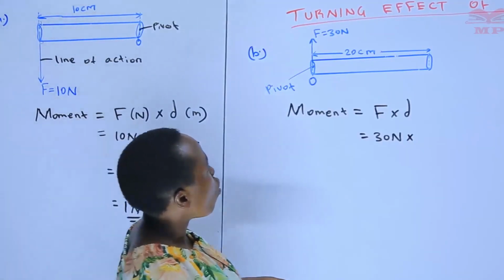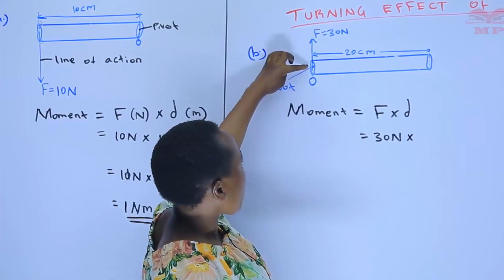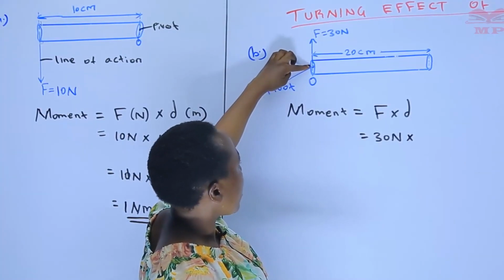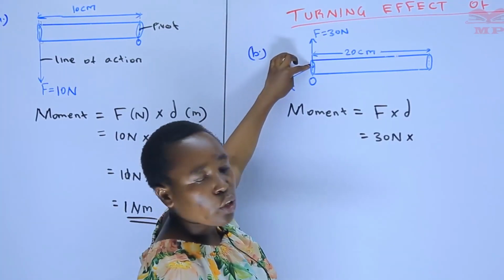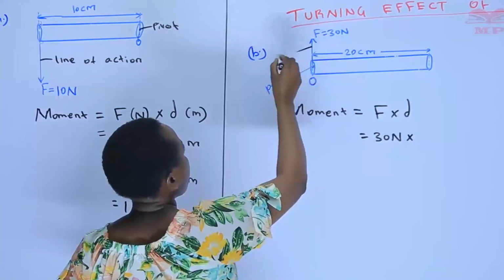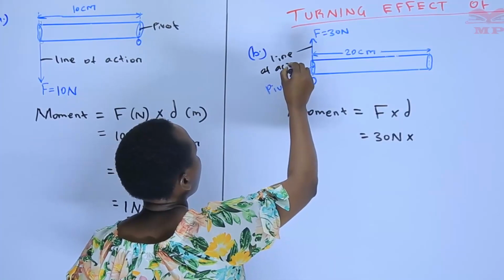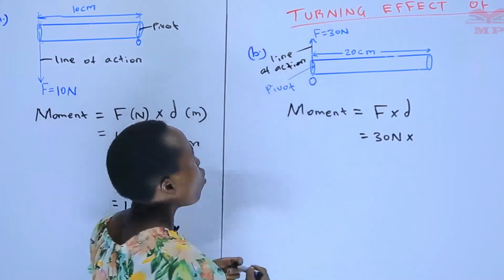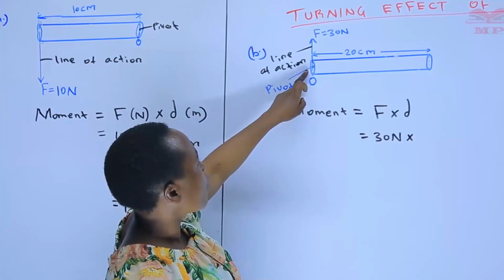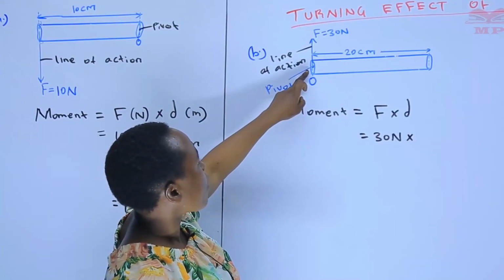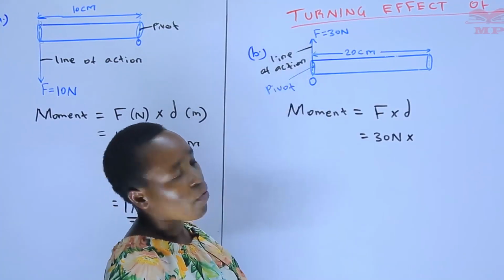So we need to know, where is our point of support? Our point of support is here. Where is the line of action? Our line of action is here. So if I may ask you, what is the distance from the point of support to the line of action?